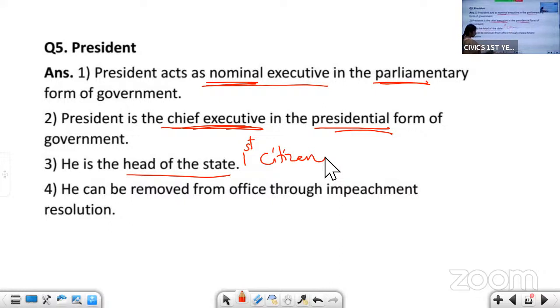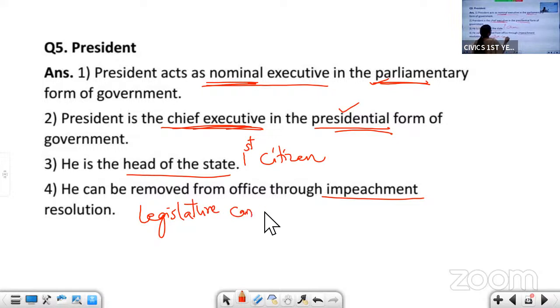The next, he can be removed from the office through impeachment resolution, be it in the parliamentary government or in the presidential government. If president fails to perform his functions or obligations, or if he is violating the constitution, then the legislature can remove, that means impeach, the president.